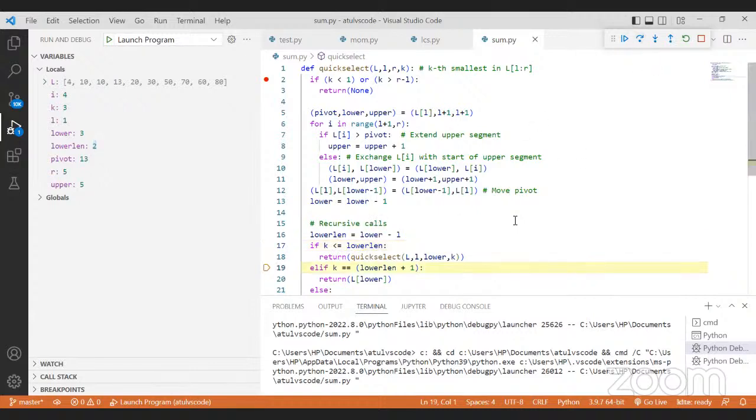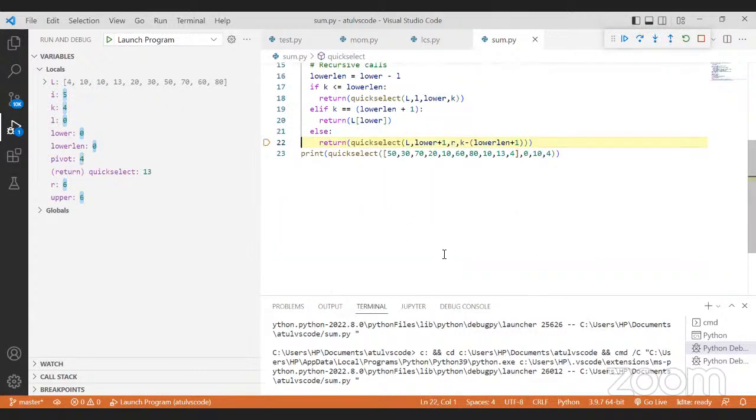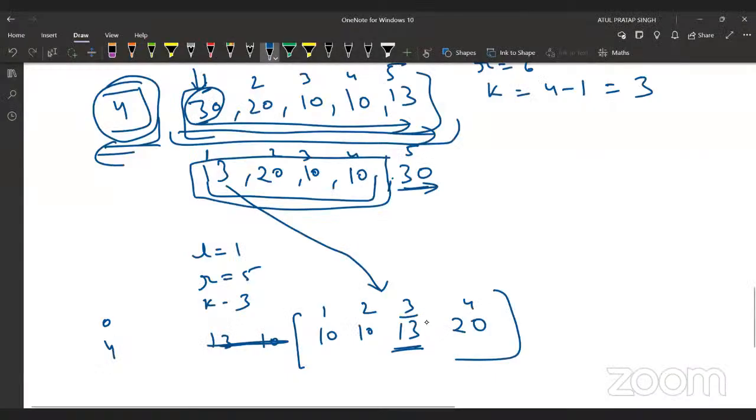Now check: K equal to lower lane plus 1. Yes, 2 plus 1 equal to 3. So now this condition will become true, and we will return the answer from here. This is the last step of quick select, and we will return this answer, 13. Here K value is 3, so this value should be the third smallest.